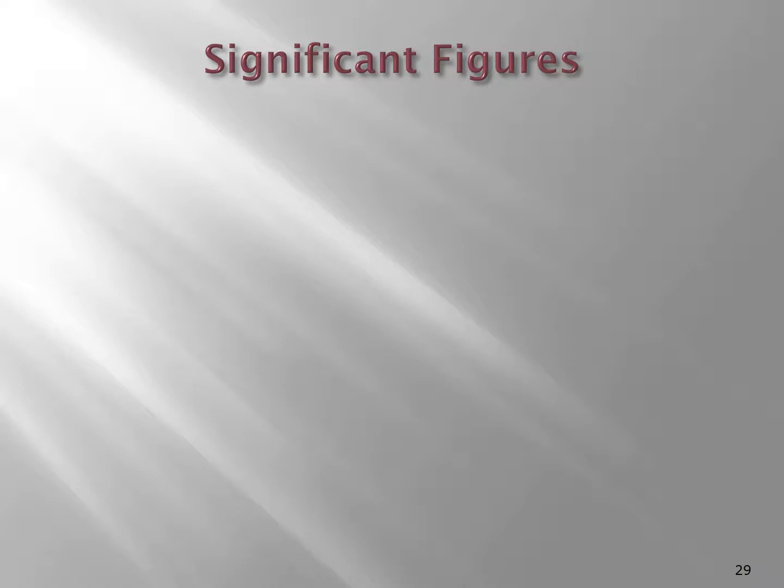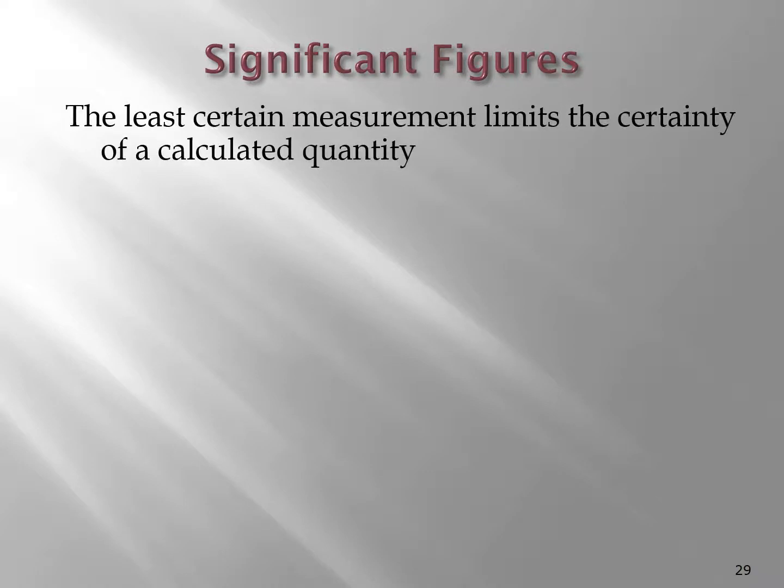All right, now what if you're trying to do calculations with significant figures? Well, the least certain measurement will always limit the certainty of the calculated quantity. So that should make sense.